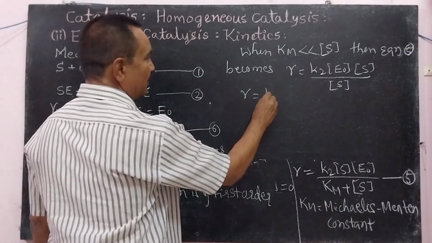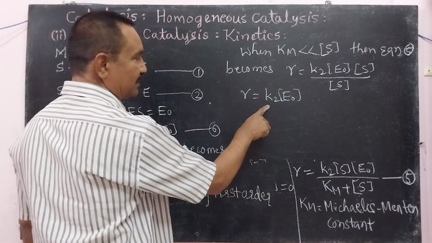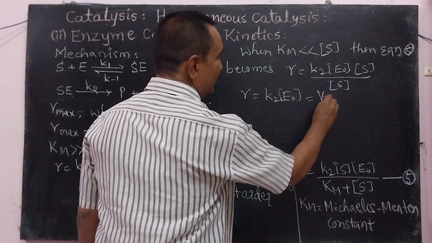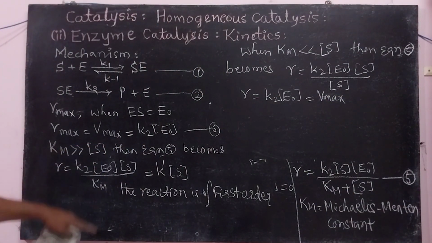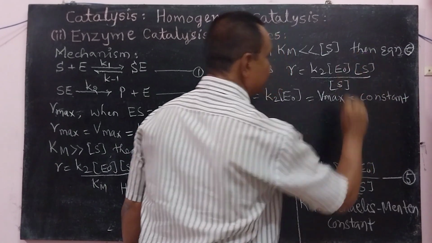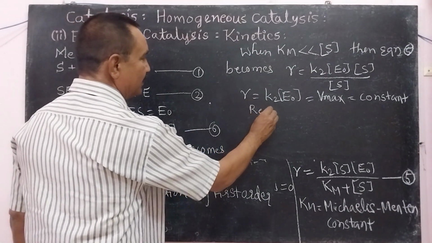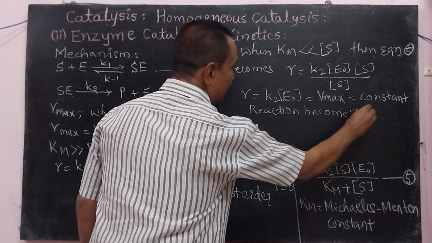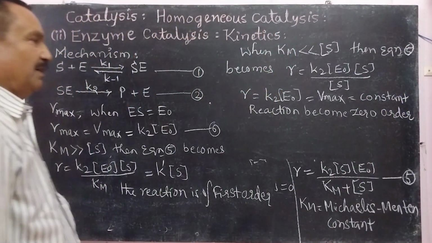Then rate is equal to K2 E naught. E naught is constant, K2 is constant, which is equal to Vmax, from this equation. K2 E naught equals Vmax. This is constant, which means the reaction becomes zero order.